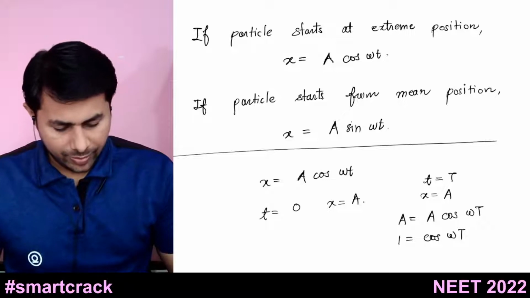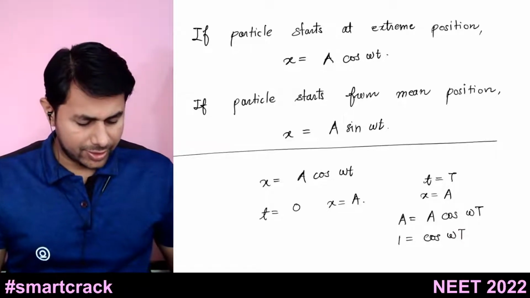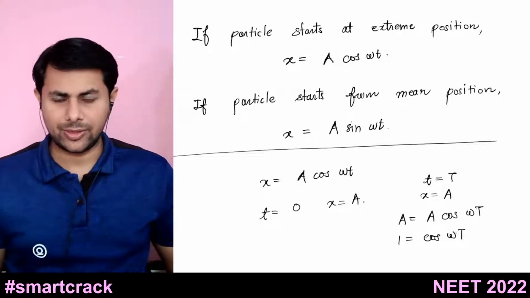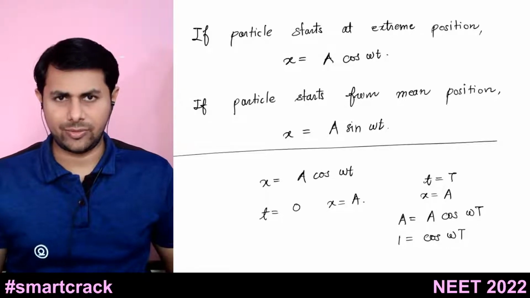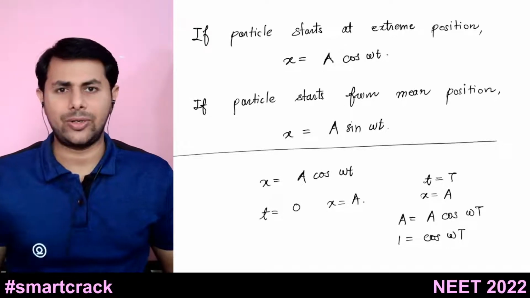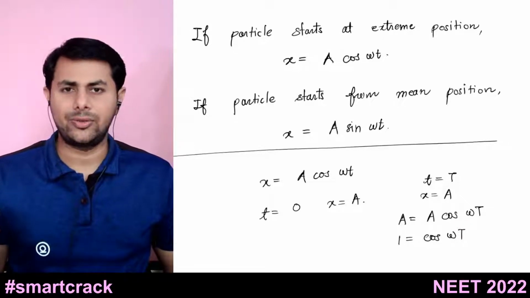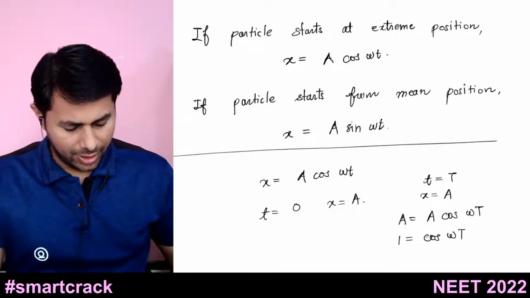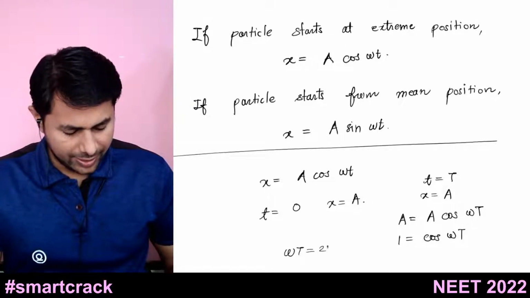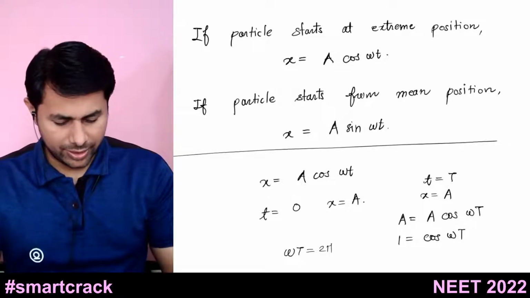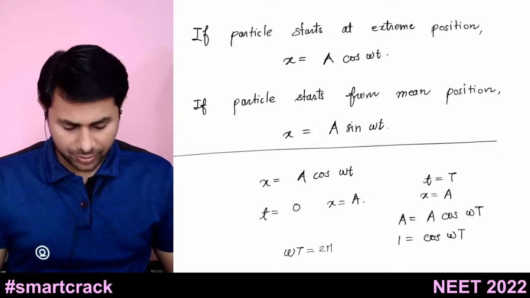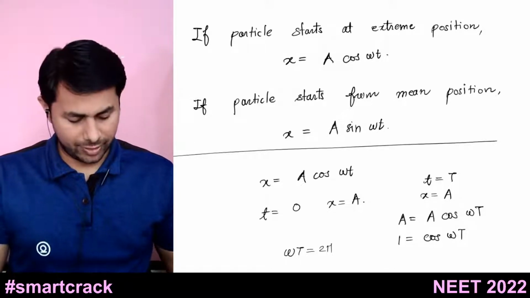For omega T equals 0, the time must be equal to 0, but that is the initial time. We want the time for one oscillation. So for that, omega T must be equal to 2 pi. If you substitute omega T equals 2 pi and take omega to the other side, you get T equals 2 pi divided by omega.